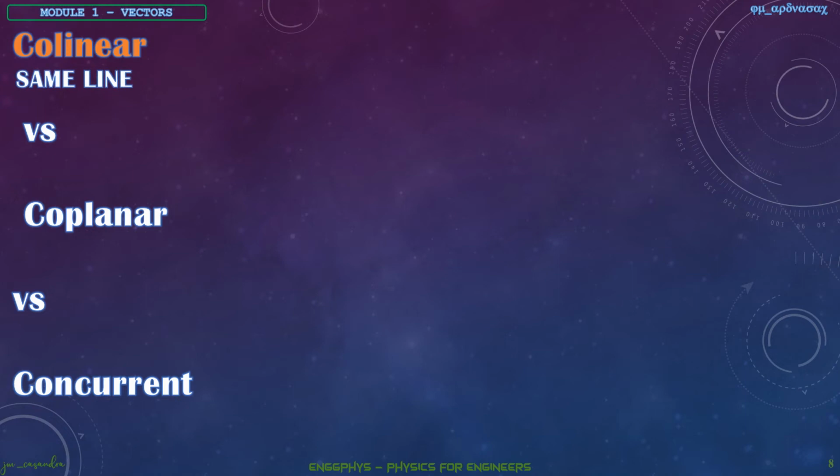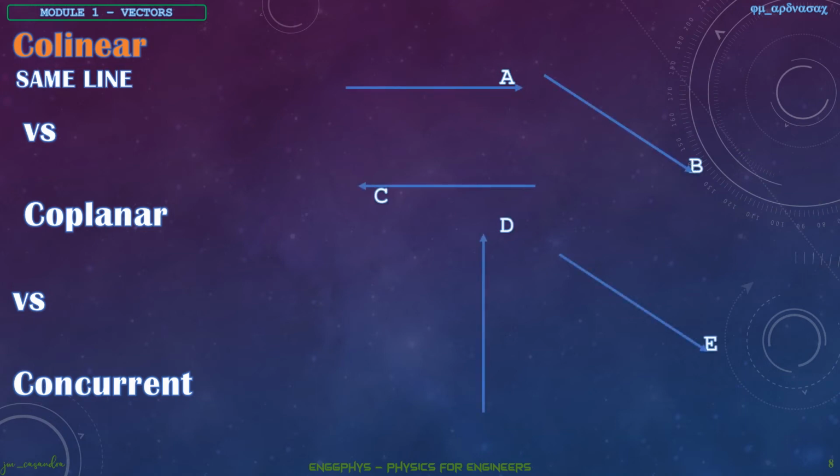Okay, so they are parallel as much as possible. To understand this, we have here vector A, vector B, C, vector D, vector E, F, and G. Which of these vectors are considered collinear?